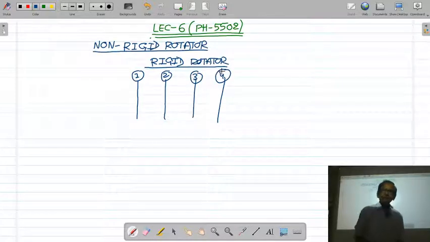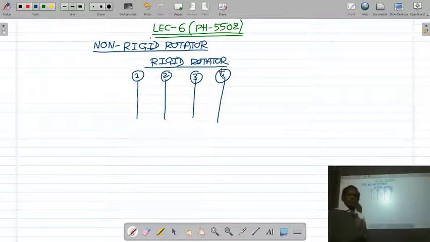We have studied that when the molecule behaves as a perfectly rigid rotator, the rotational lines are perfectly equidistant.